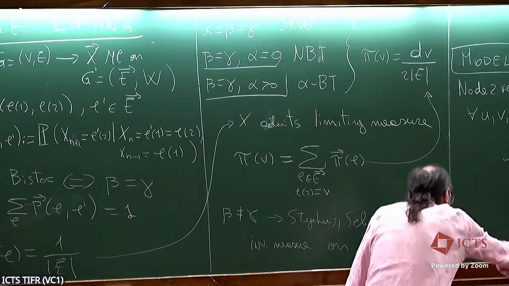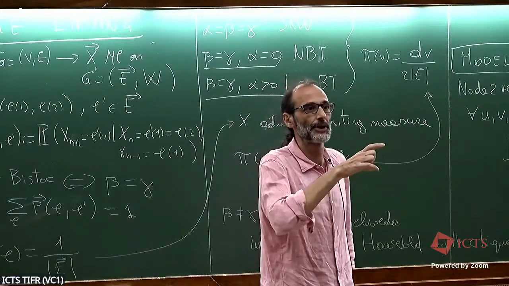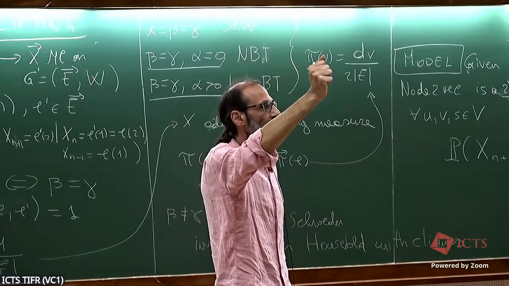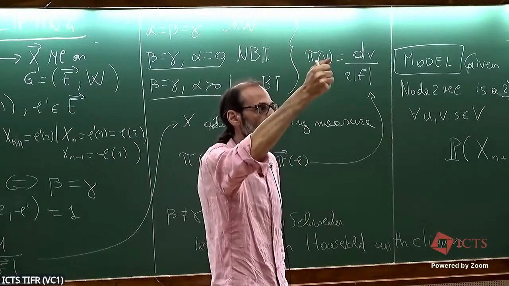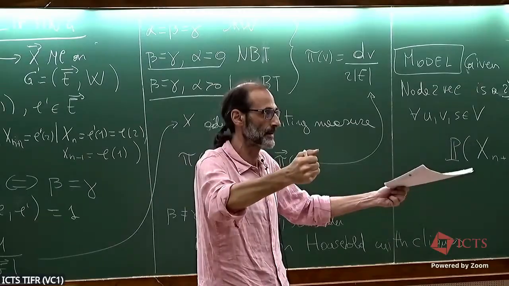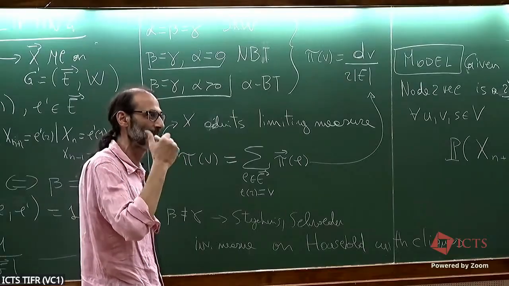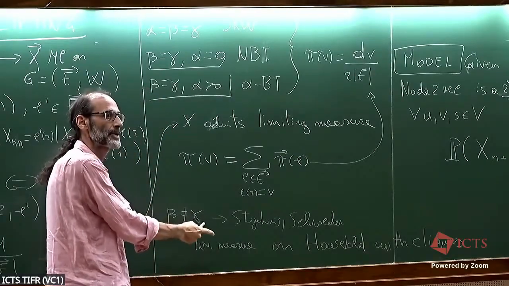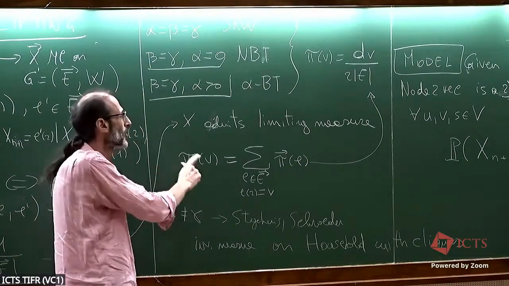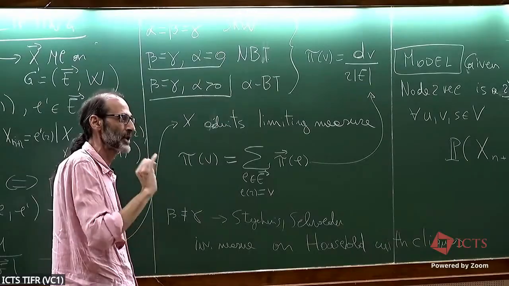Let me mention in words: the household model is a graph. You start with a finite graph, every vertex has degree, say, k, and you replace this vertex with a clique of size k. So it's a model with implanted cliques, if you like. On that specific geometry, because it's contractible in an easy way, they could really characterize the invariant measure. And this is the only geometry in which you can couple this object to a non-backtracking random walk, or if you like, to an alpha backtracking random walk.